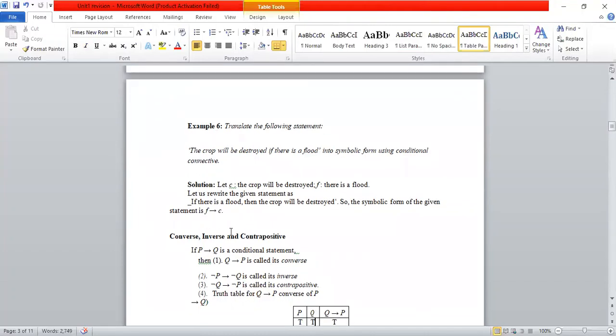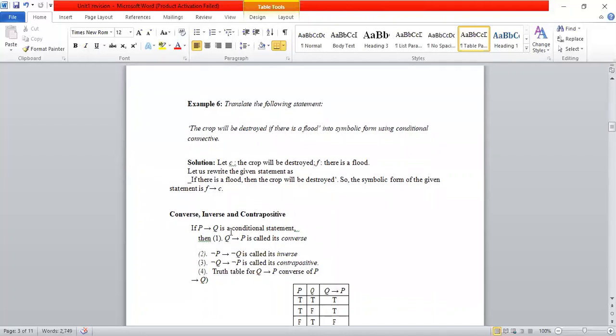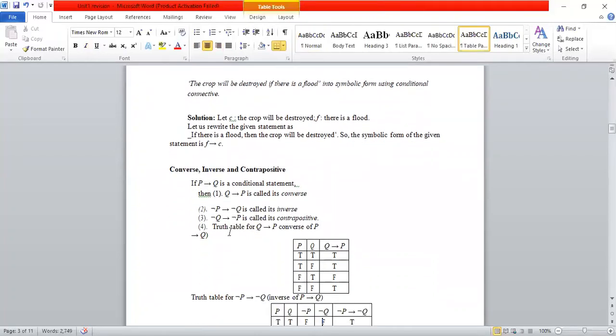Okay. Next, coming to the converse, inverse and contrapositive. If P conditional Q is a conditional statement, remember, P is one statement and Q is another statement. Then what is the converse of this conditional statement?